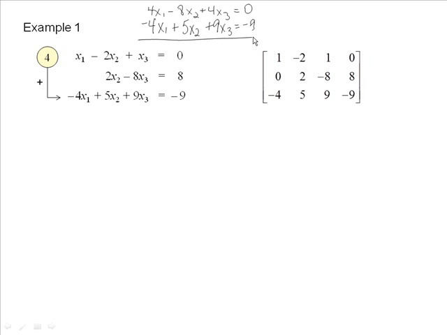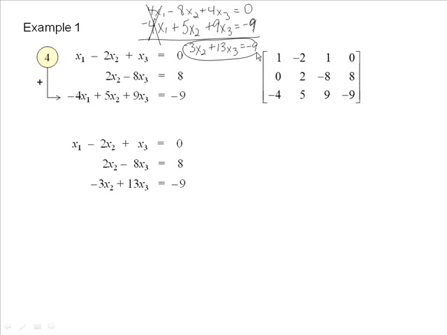And when I add those together, x1 cancels and we have negative 3x2 plus 13x3 equals negative 9. And you'll notice then that this became my new third equation in my system.